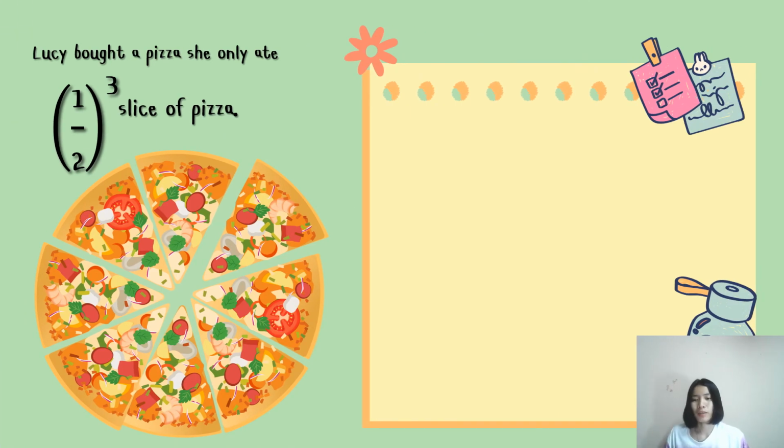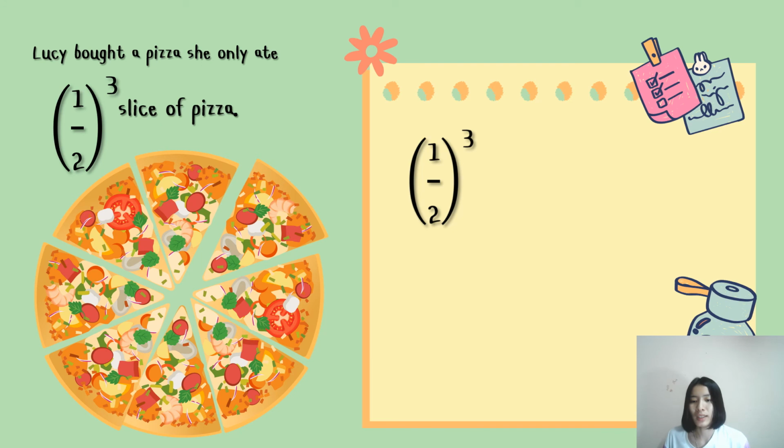Another example. Lucy bought a pizza. She only eats 1/2 raised to the power of 3 slices of pizza. How many slices of pizza did Lucy eat? Now let's apply the law number 4 in the problem.